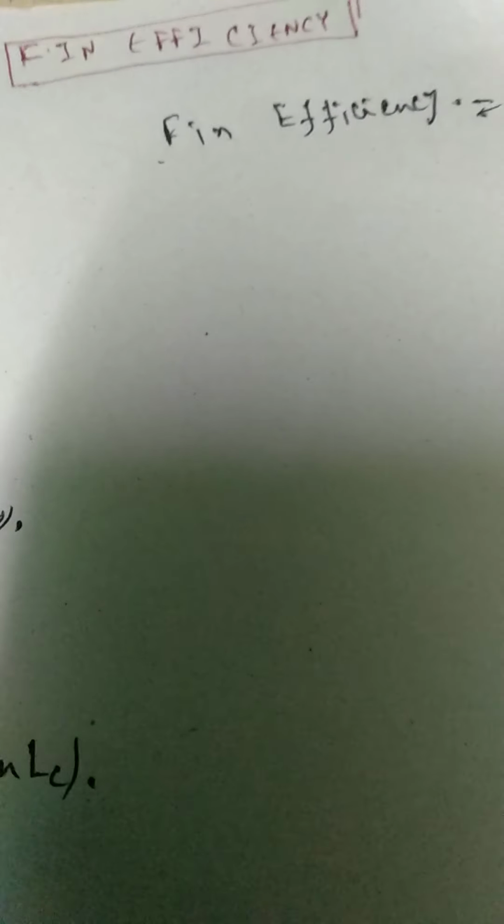Now what is this Q max? Q max is the heat transfer that will take place through convection only. So convective heat transfer coefficient h into A into (Ts minus T infinity), or T naught minus T infinity, anything you can write. Now A is equal to P into L for the rectangular fins.